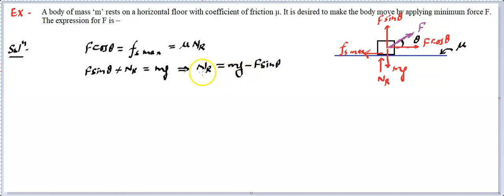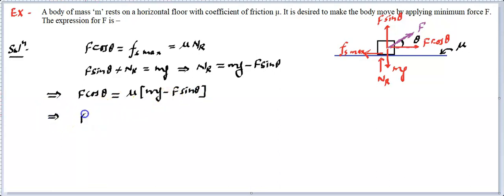Of course. And now you can use these two equations. That means put the normal reaction in the first expression. So after solving this, F cos theta is equal to mu into normal reaction, which is mg minus F sin theta. Sure. Now what we need to do is collect this F together.